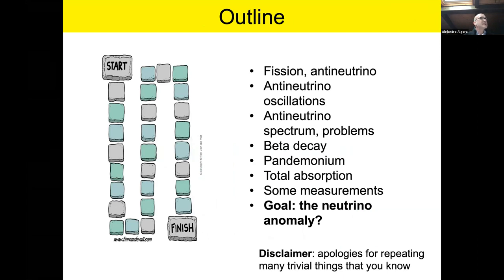My talk goes through many small steps, trying to explain many things. Because of that, I will need to cover basic aspects of beta decay, then talk a little bit about neutrinos, and then talk about the technique itself. And I apologize for repeating many trivial things that you might know.